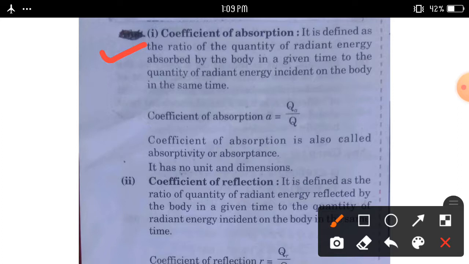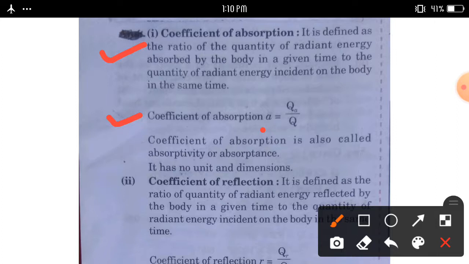In formula, this definition we can write as follows. Coefficient of absorption is denoted A, and the quantity of radiated energy absorbed by the body in a given time we consider as Q suffix a, and Q is the quantity of radiated energy incident on the body in the same time.